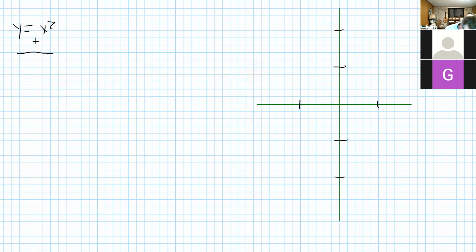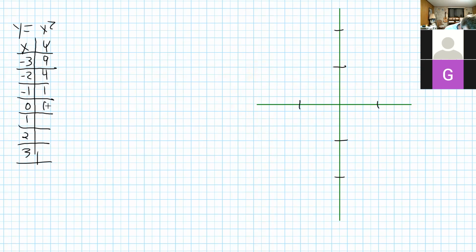Surprise. That's just sort of the starting point, the starting graph for all of these things. Okay, so this is 9, 4, 1, 0, 1, 4, 9. And here, and here, and there, and there.